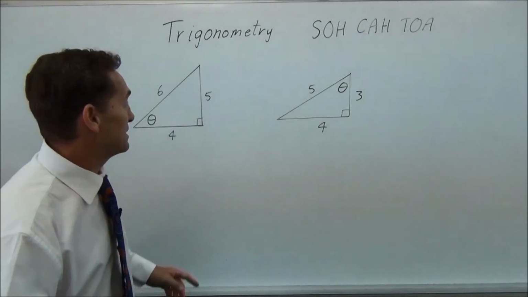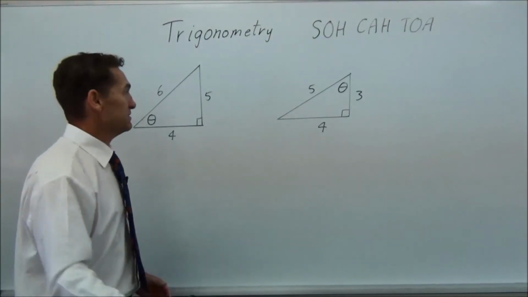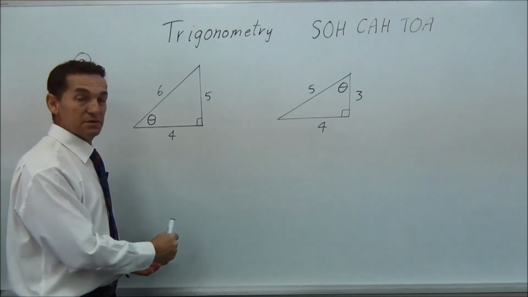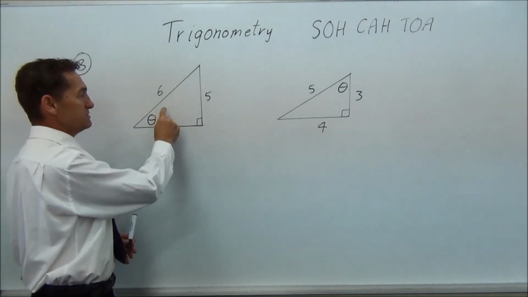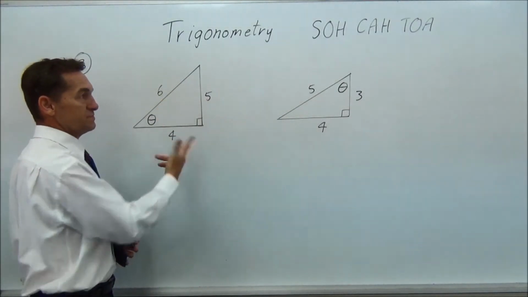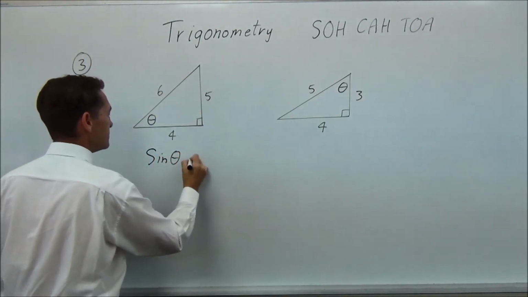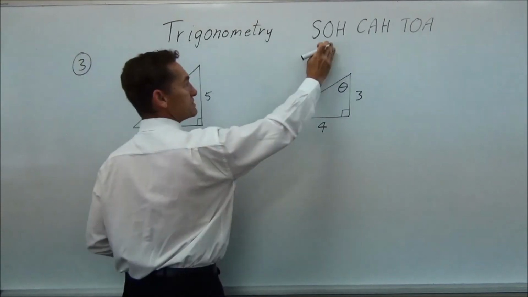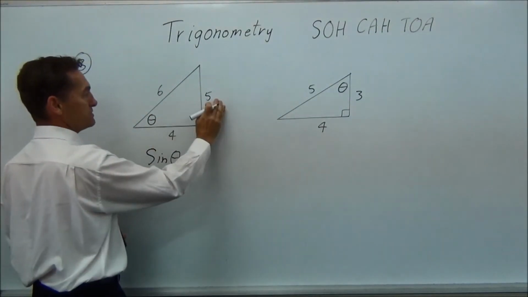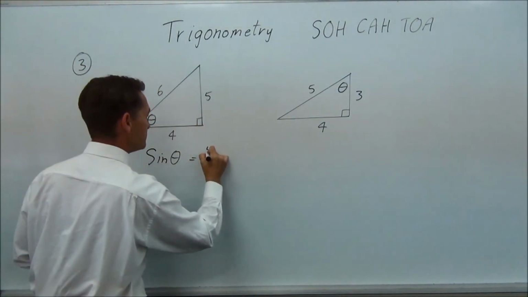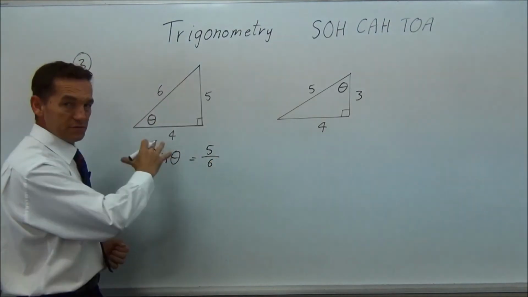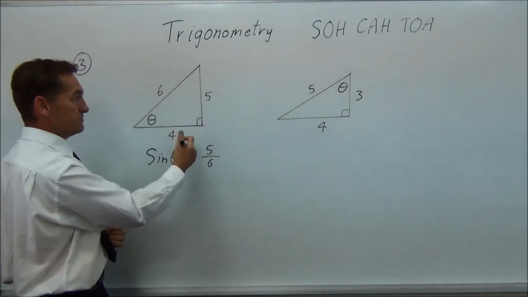G'day, back again. So having learned SOH CAH TOA, the next thing that you usually have to do is do that for all of these. So let's do that. So if you go sine theta equals, well, what's sine theta? Opposite over hypotenuse. And they get you to do that for everything. So let's do it for this one.